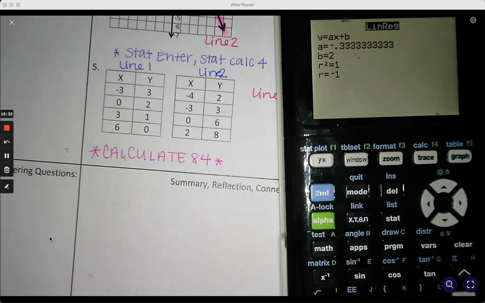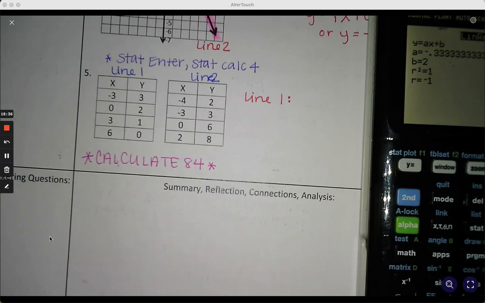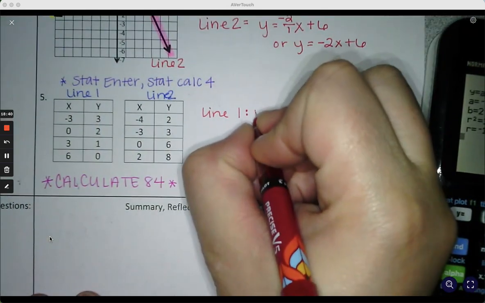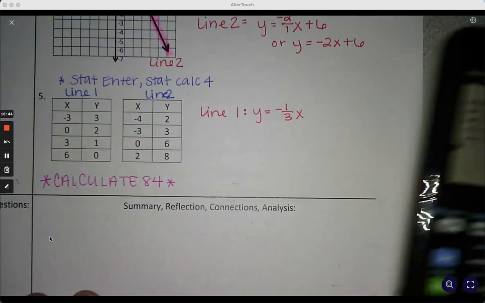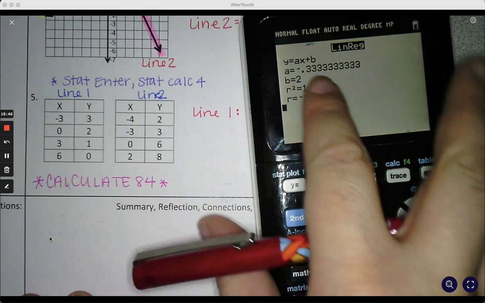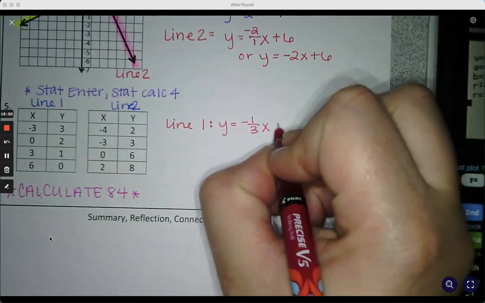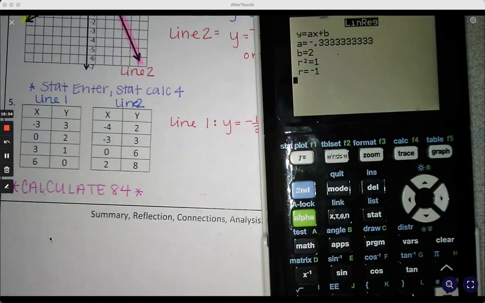Ladies and gentlemen, whenever you see that, it's always going to be 1/3. Okay, so the equation for line 1 is y equals -1/3 x, because remember A is our slope, plus 2, the y-intercept.